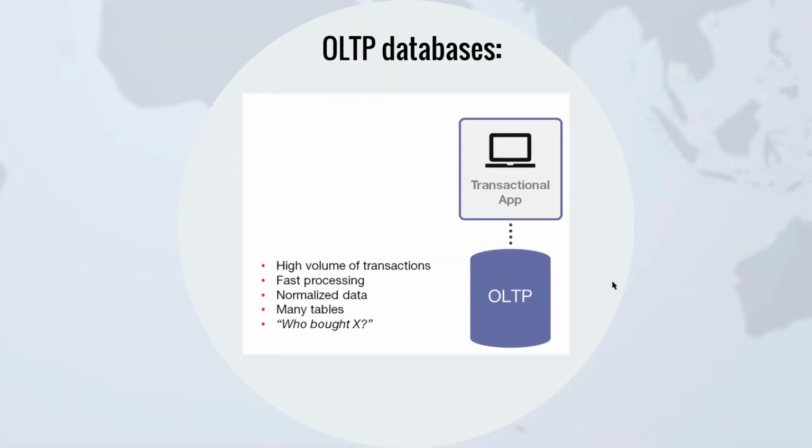OLTP databases. An OLTP database is a speedy analytic database designed for a large number of transactions performed by multiple users. This type of database is known for its high performance, faster accessibility, and reliable, consistent data.